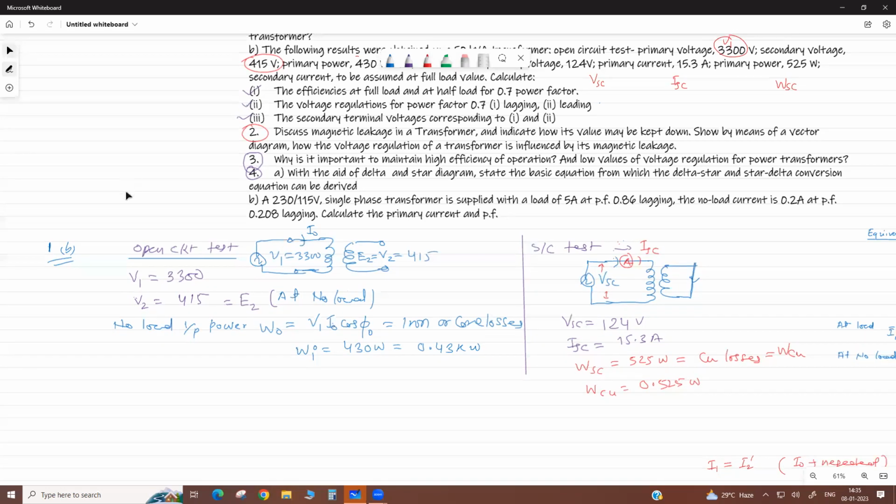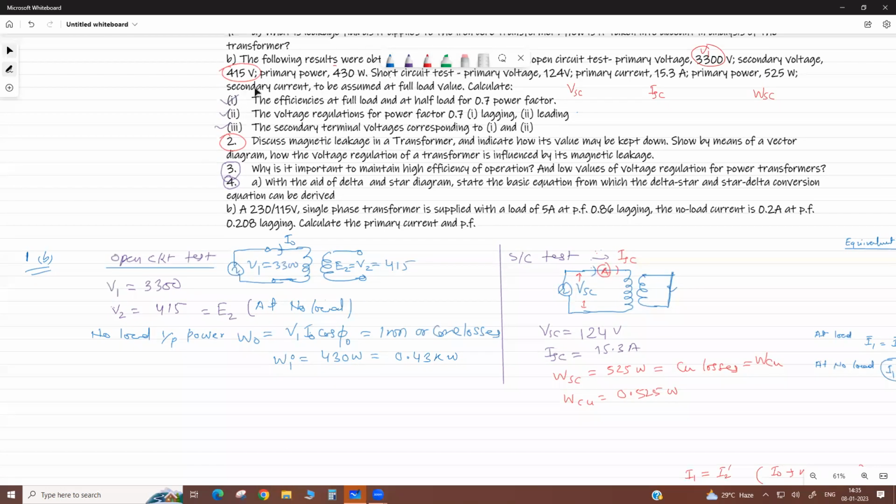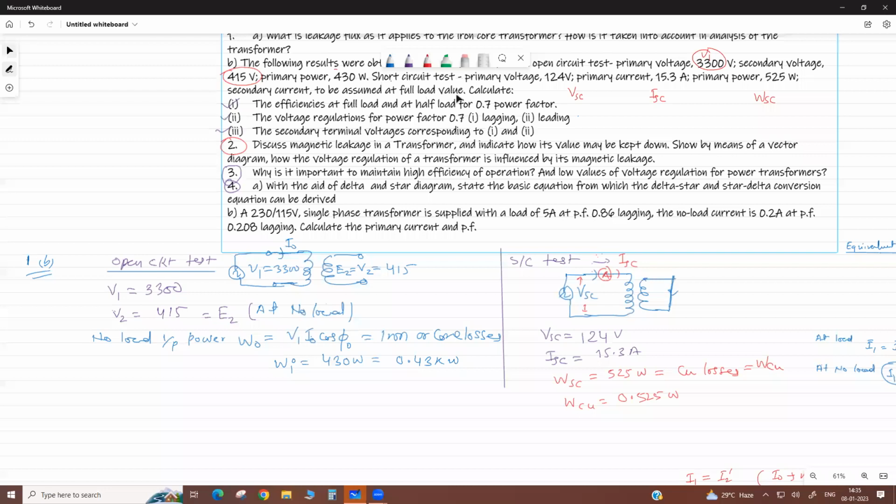Now, the secondary can be assumed to be at full load value. He said that the secondary current is to be measured. During short circuit, we also measure the current when it is the full load current, I2.